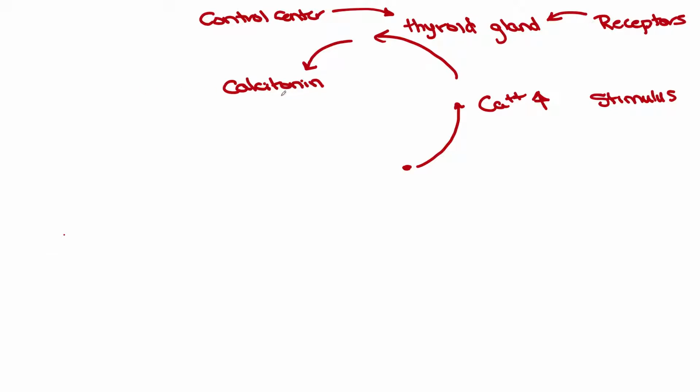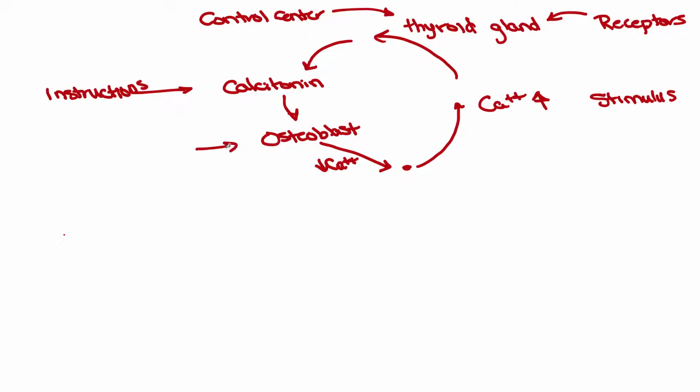The calcitonin is going to trigger the actual effectors, which are the osteoblasts, to build bone and bring calcium levels back down. So the calcitonin is actually the instructions that the thyroid gland sends out. The osteoblasts are the effectors.